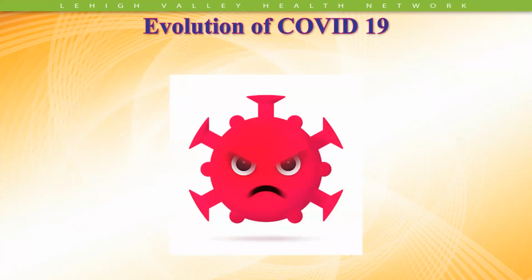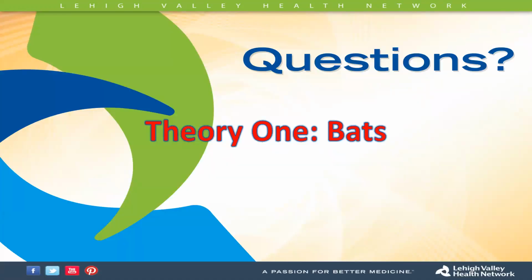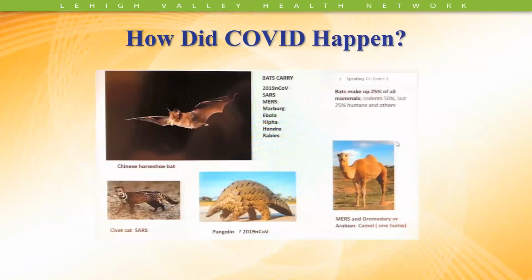Now, the evolution is very interesting because there are 2 theories. Theory 1, it came from bats, and these bats carried this COVID and it could have infected the pangolin, which is kind of like an anteater that has an armored body.